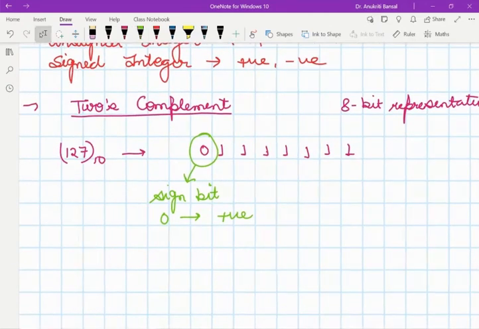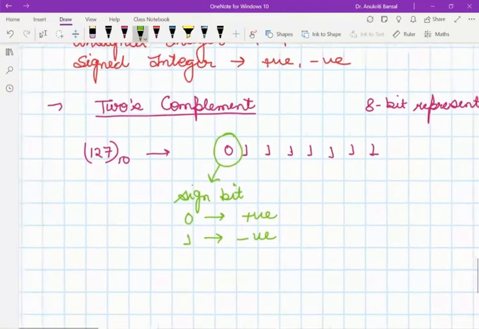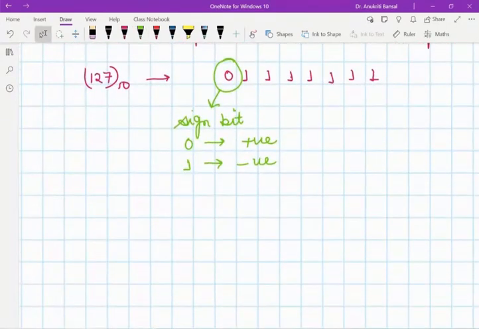If the value of this sign bit is 1, this represents a negative number. Okay. Now, how to find the binary equivalent of -127?